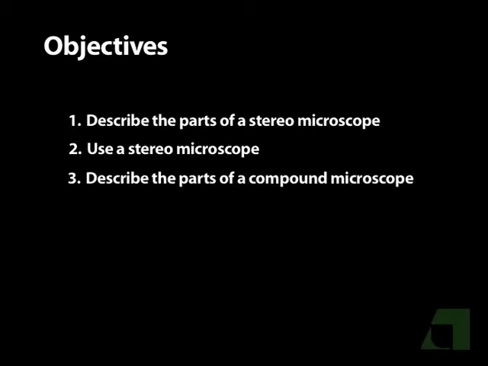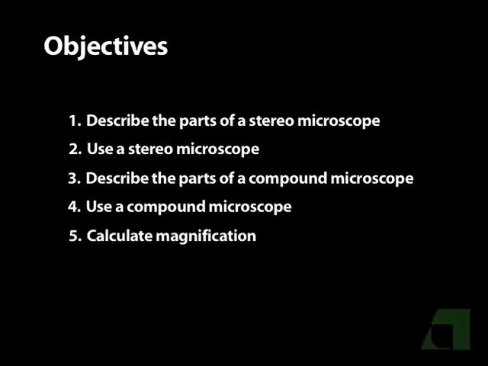Identify and describe the functions of the basic parts of a compound microscope. 4. Set up, adjust, and use a compound microscope, including oil immersion. 5. Calculate the magnification capabilities of a microscope. And 6. Estimate the size of microscopic objects.